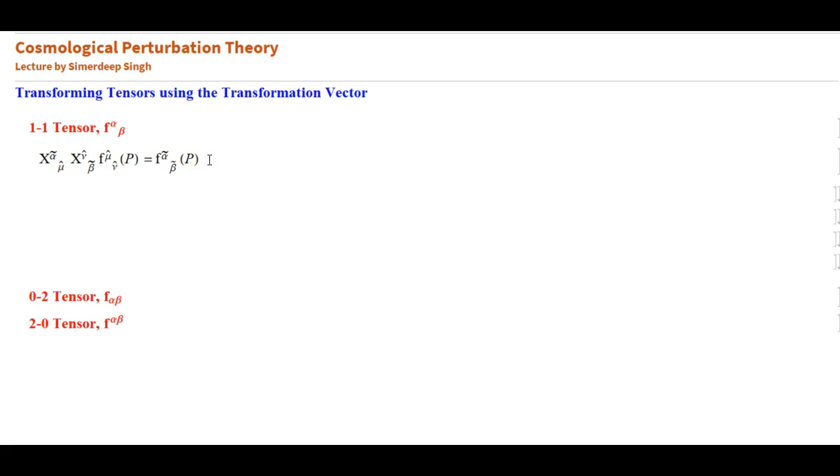So now we want to express this relationship in terms of the transformation vector. This x alpha is the transformation tensor, and now we want to write this relationship in terms of the transformation vector, and the mathematics is straightforward. First, let's review this.